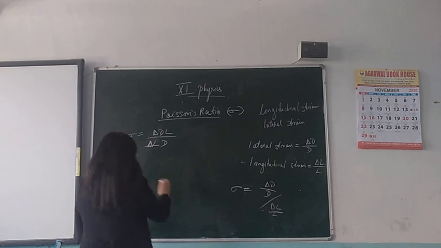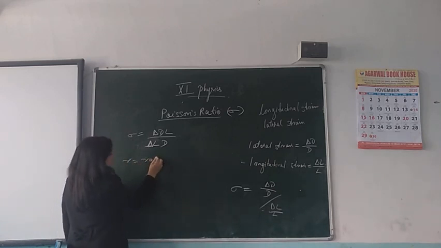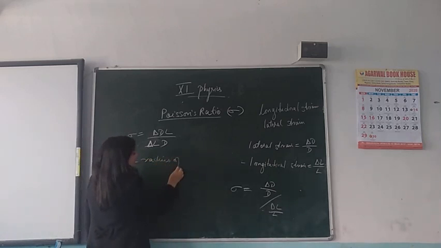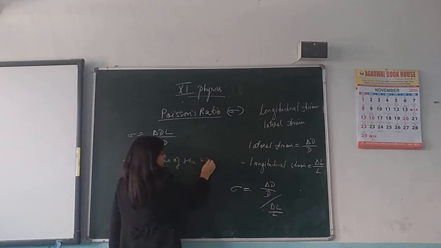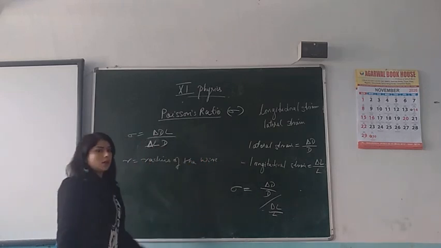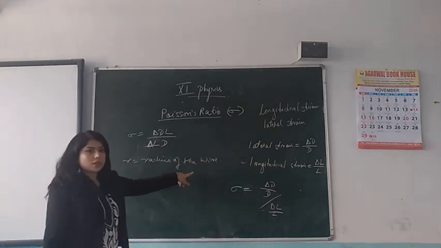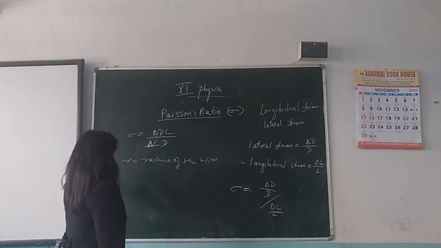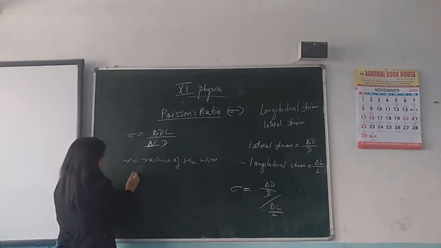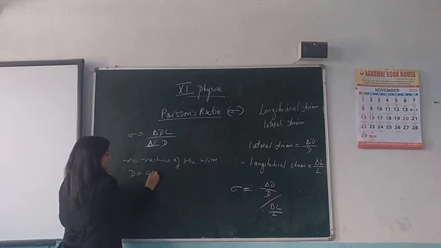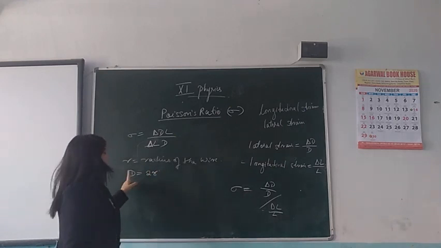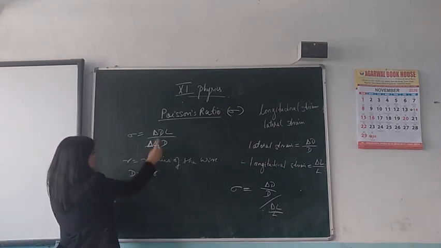Now, if R is the radius of the wire or the cylindrical body, then D is equal to twice R. The diameter is twice the radius, so we can change it over here.